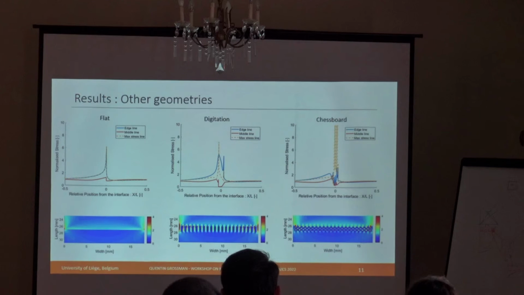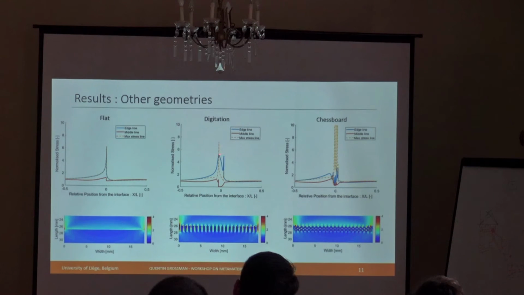Now, regarding the other geometries, those are the same graphs. What we can directly see is that the maximum stress line is not anymore the line that is on the edge of the sample. So there is a differentiation between those two, which means that the maximum peak of stress is somewhere inside the material and not anymore on the edge.